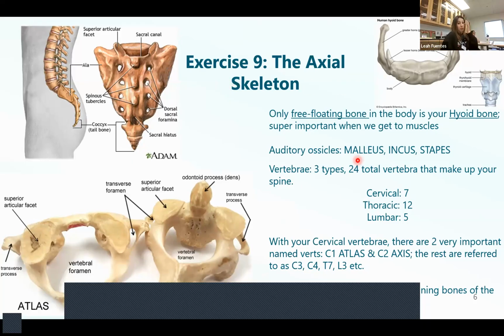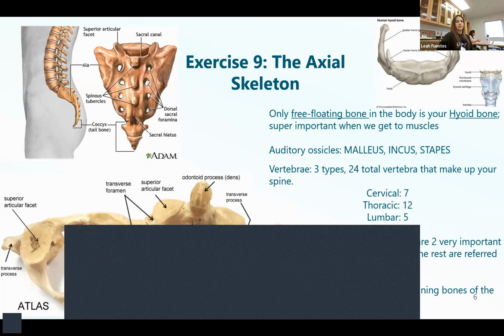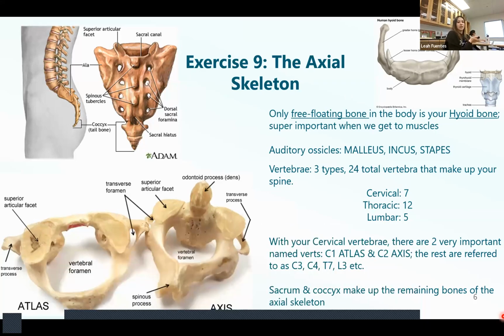And then, so we go all the way from C1 to C7, T1 to T12, and then L1 to L5. After that, we have our sacrum and our coccyx. The sacrum and the coccyx make up the remaining bones of the axial skeleton, and it is like the finale of your vertebral column, right?